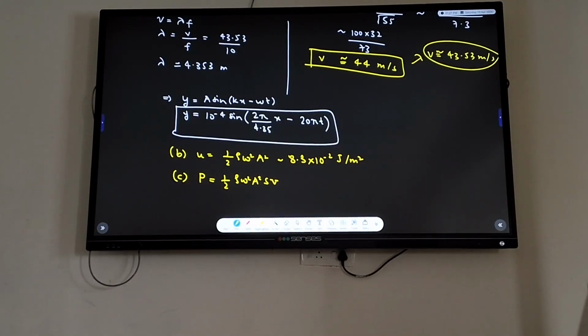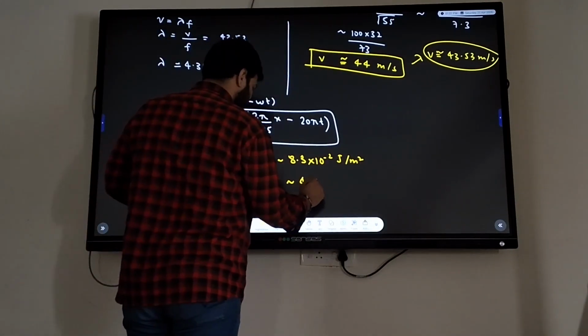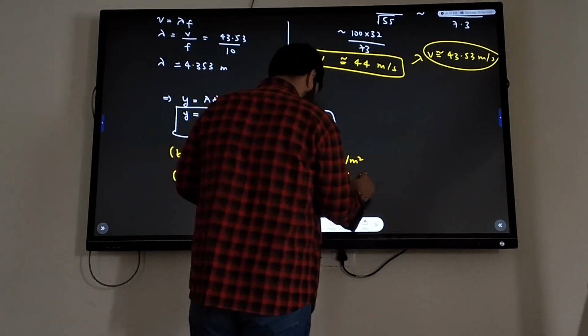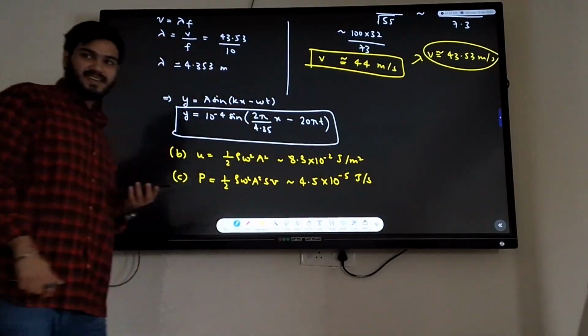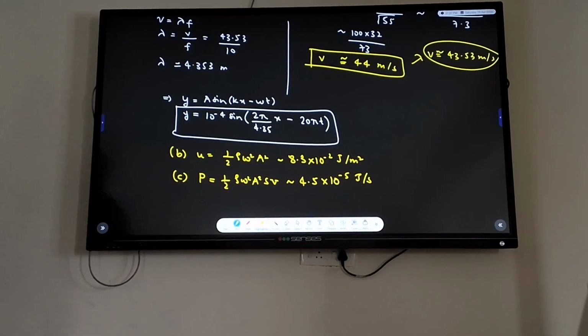फोर बाई, so 4.5 into 10 power minus 6 power. करेक्ट है, चल जाएगा। I was asking you to do this, not that.